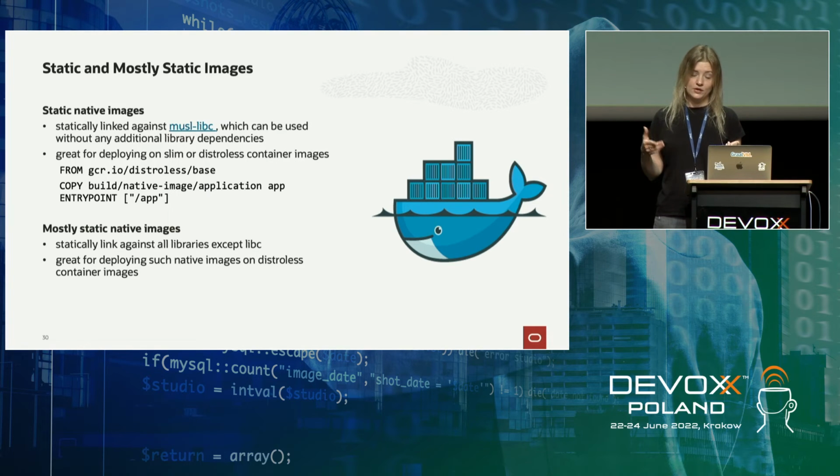Another thing you can do is you could link against everything except for libc, and this way produce a mostly static native image, and it's also very good for deploying on distroless containers. This way you can easily deploy new instances of your application.